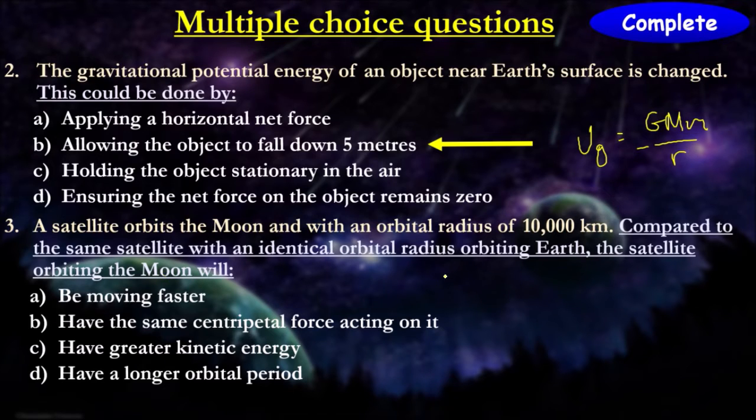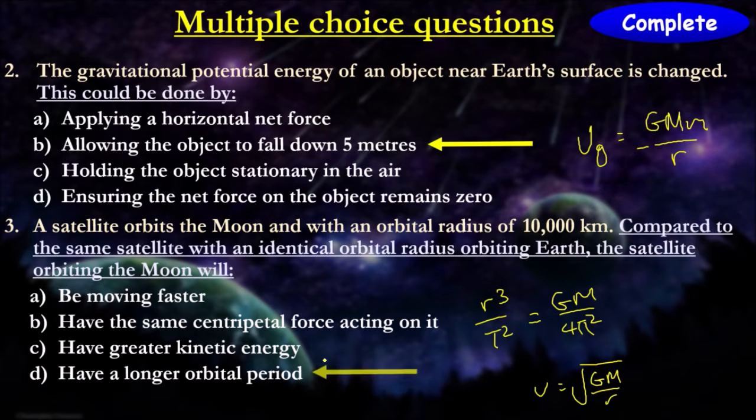Our next one is the orbital radius. So this looks into orbital velocity, and you could use Kepler's law, or you could use orbital velocity. Mind you, with orbital velocity, you don't have things like the orbital period, which is the correct answer we have here, longer orbital period.